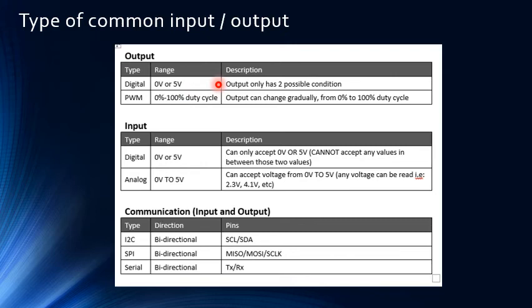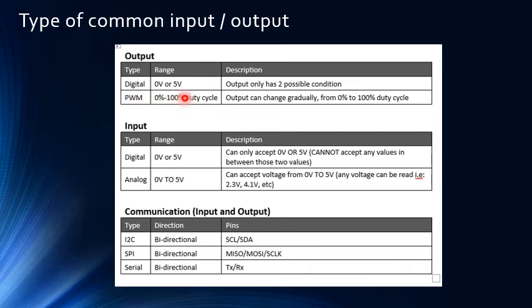If you want to control the motor, just rotate or stop, then you just need the digital output. But if you want to be able to control the speed of the motor, 0 which is stop, 100 which is full speed, or maybe 50%, which is quite slow, if you want it a little bit slower, a little bit faster, then you need to connect to the PWM.